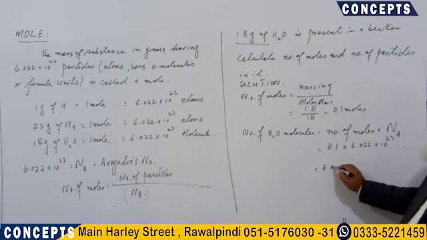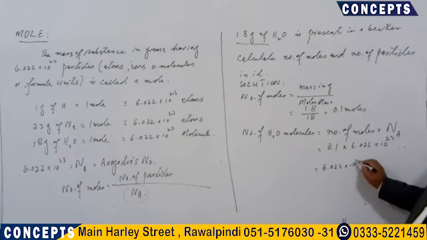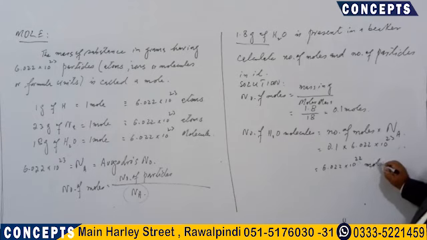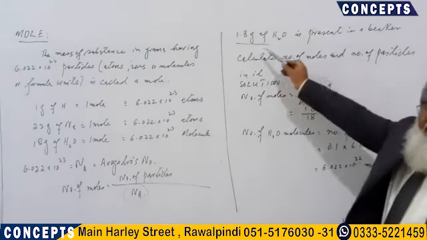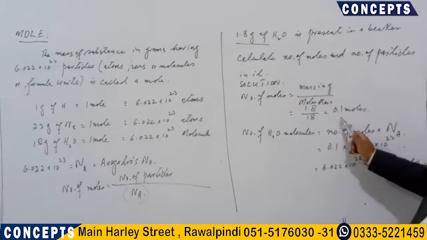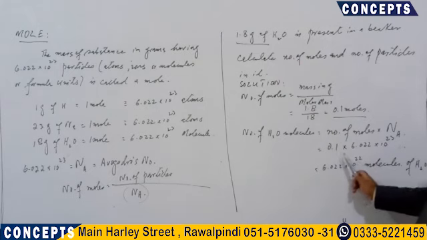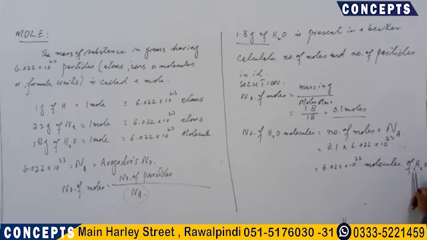Answer obtained is 6.022 × 10^22 molecules of water. Now 1.8 gram is equal to 0.1 moles. Multiplying with the Avogadro's number, we have calculated number of molecules of water.